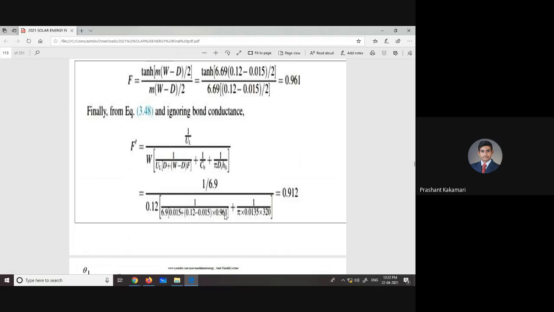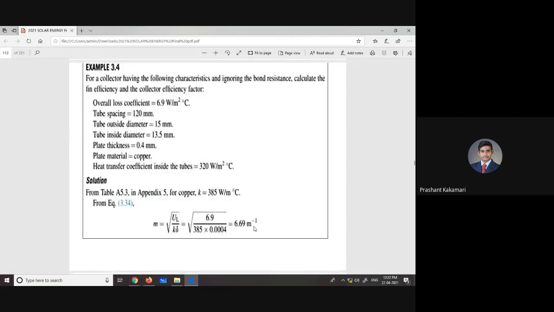You can substitute that. Then pi into the inner diameter. Here you should be very careful: pi into the inner diameter, 0.0135 meters, into H into Fi. What is this H into Fi? It is nothing but the heat transfer due to convection heat loss. What is the heat transfer coefficient for that?